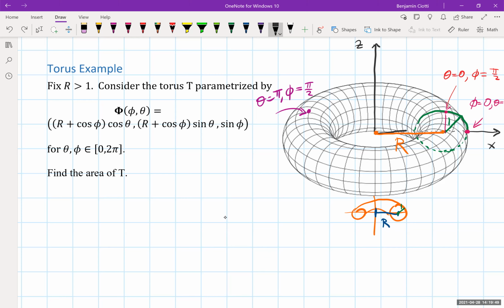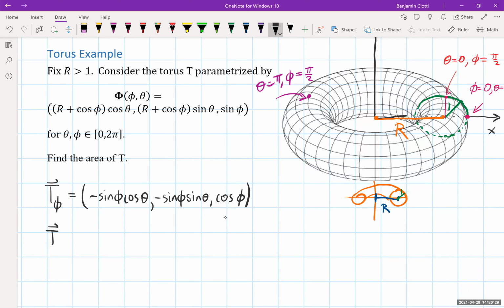Like here, I'll tell you, for example, what your tangent vectors would be. Let me do T_phi first. T_phi would be one of them. I guess that would be (−sin φ cos θ, −sin φ sin θ, cos φ).